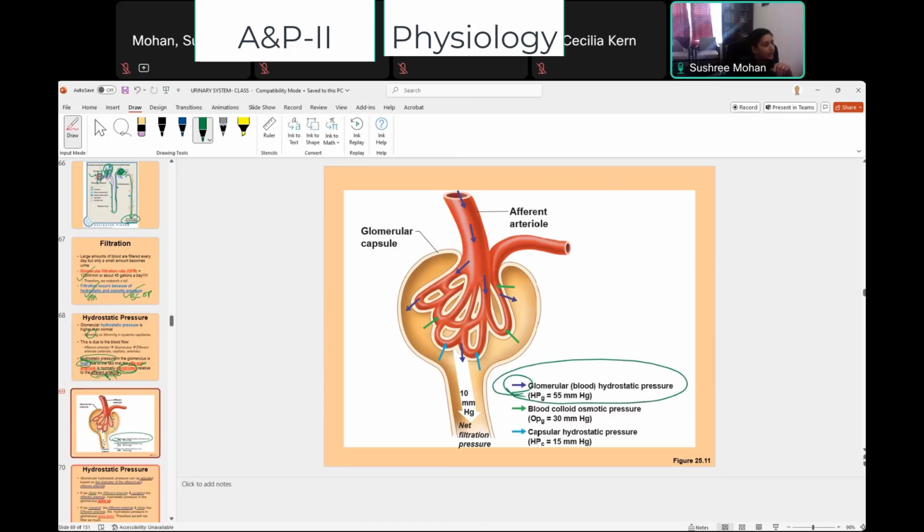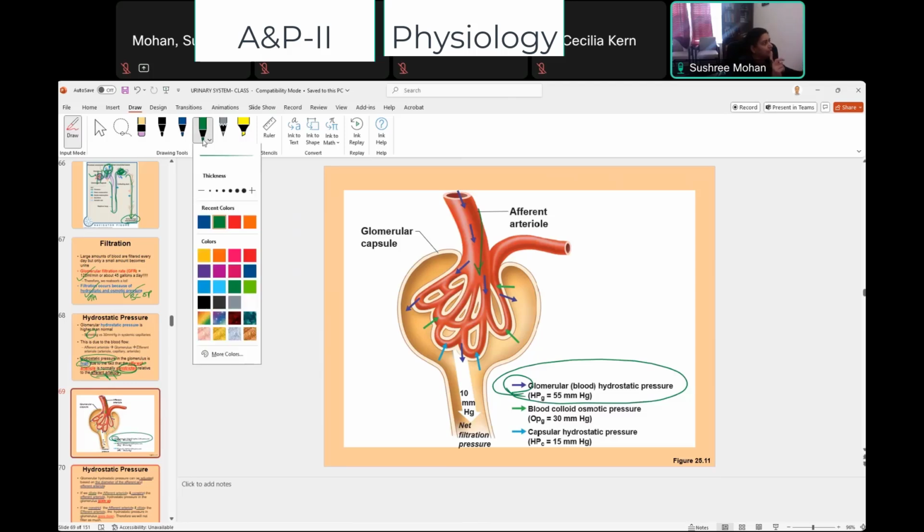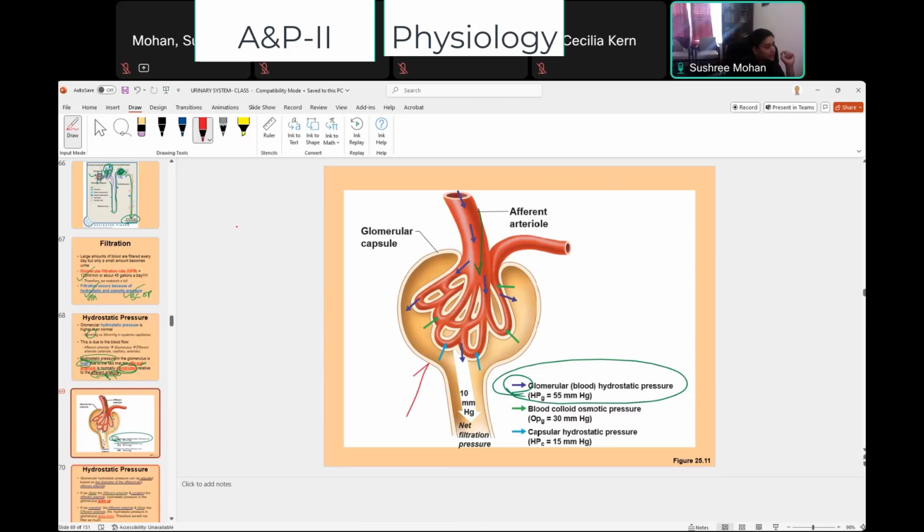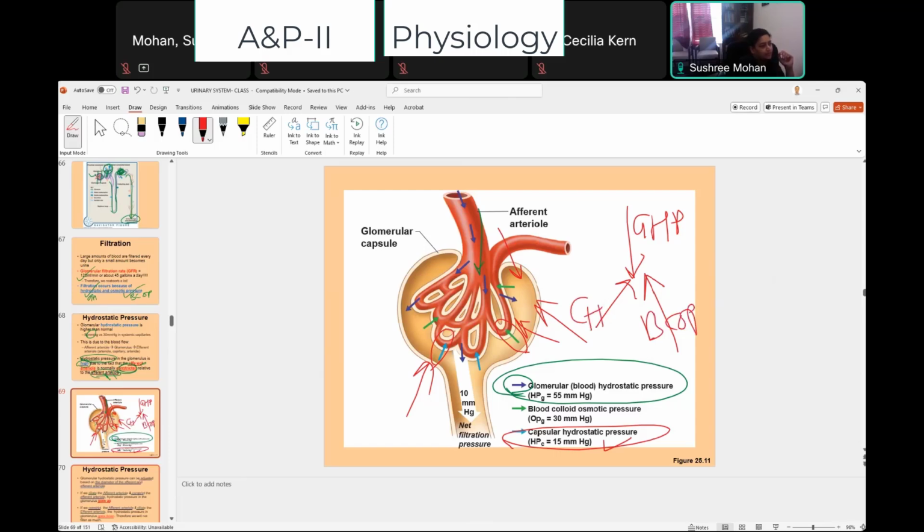Look at the purple arrow. It comes in this way. There are two pressures opposing it in the opposite direction. One is this light blue one, the capsular hydrostatic pressure, that is 15, and the other one is green, which is also opposing. So we have one arrow coming, GHP, and then we have two opposing it: one is BCOP, and the other is the capsular hydrostatic pressure.